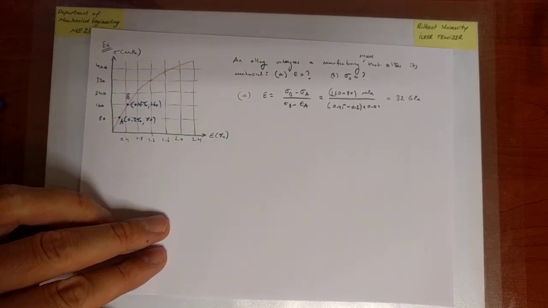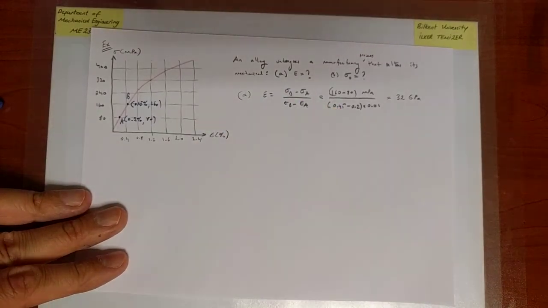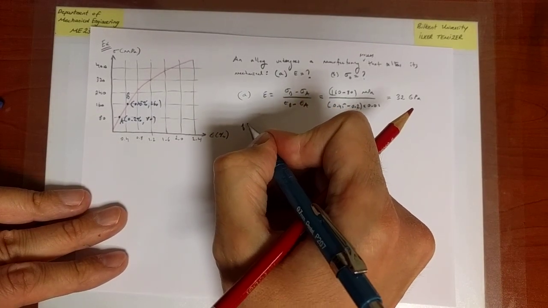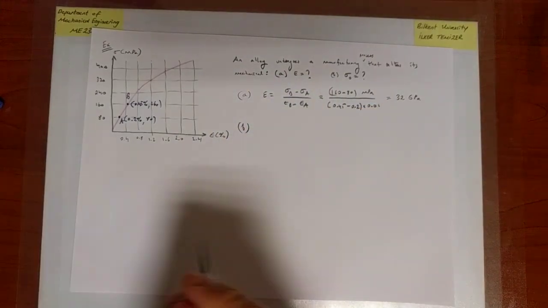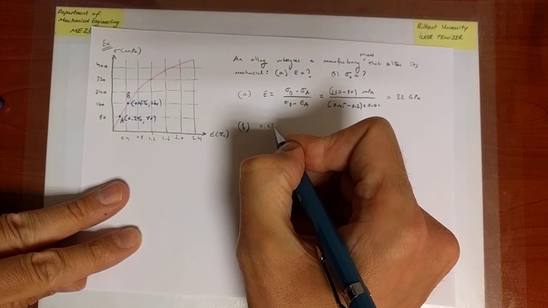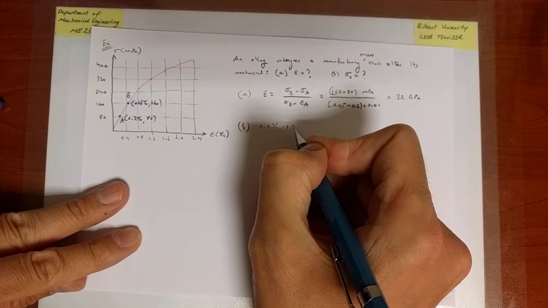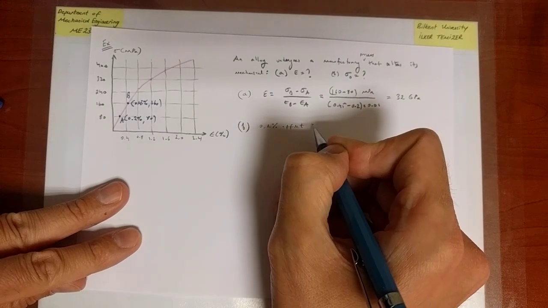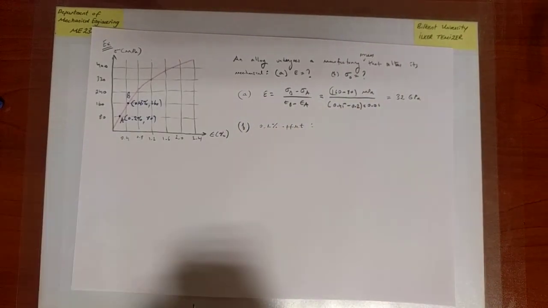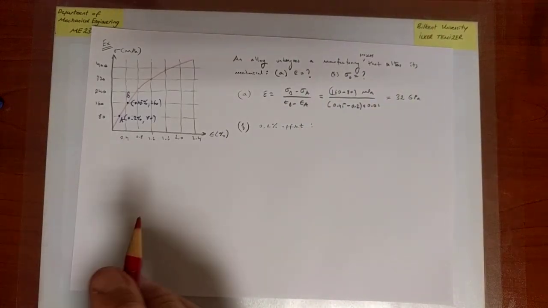Now, if you do that, exactly that, right? And that now takes us to point B. If you do 0.2% offset, let's see what we're gonna get, okay? Because that's certainly one way with which I can determine sigma naught.